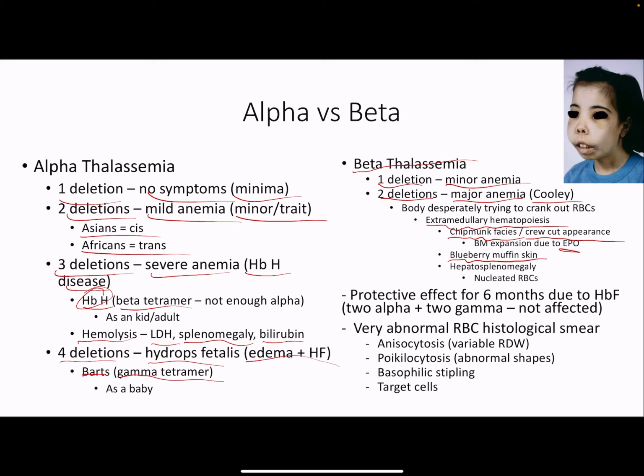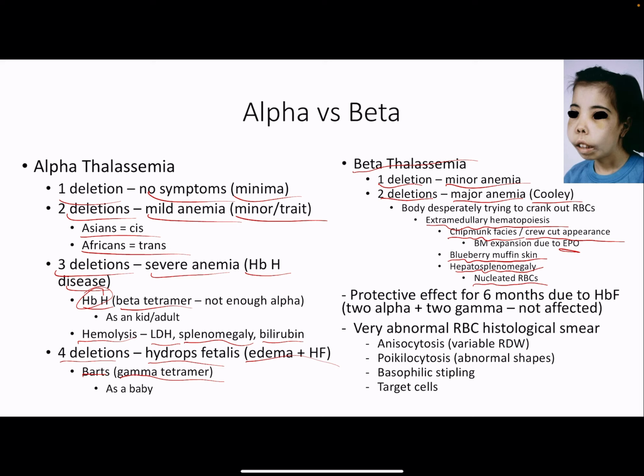Sometimes the extramedullary hematopoiesis will be present in the skin, so your skin will start trying to make red blood cells, and then your spleen and your liver start to try to make red blood cells. And nobody's as good at making your red blood cells as your bone marrow, so you get nucleated red blood cells sometimes when it's extramedullary.